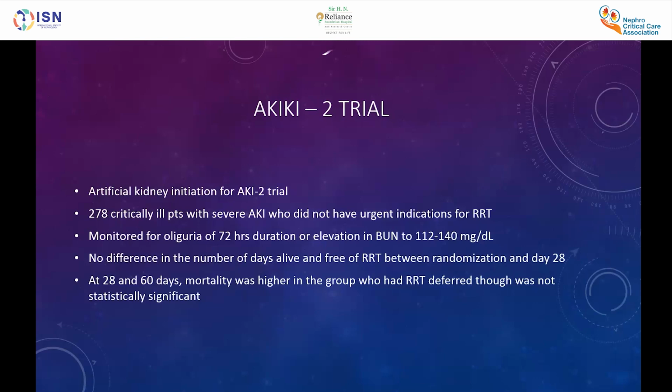They found that there was no difference in the number of days alive and free of renal replacement therapy between randomization and the 28th day. At the end of 28 days and 60 days, the mortality was higher in the group who had RRT deferred, though it was not statistically significant.